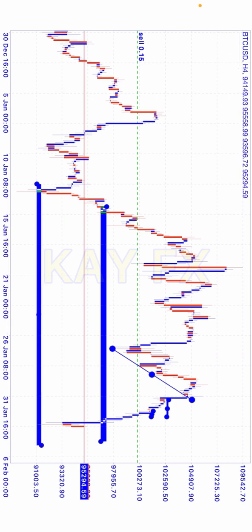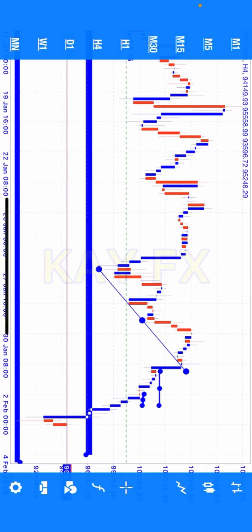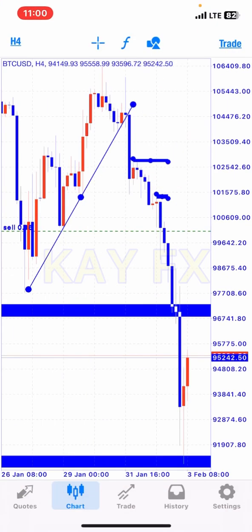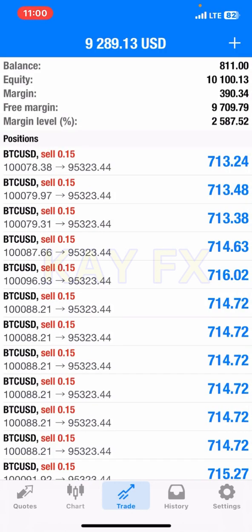As you can see, it managed to go down, but it didn't reach my target exactly as I planned. That's why I'm still holding it, because I believe, I'm not saying it's 100%, but according to my analysis, I believe it will come back down and hit exactly my target. But either way, if we don't want to be greedy, we can even cross, because this is enough, guys.